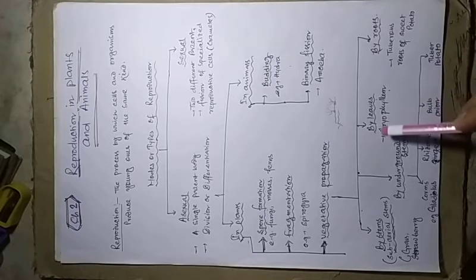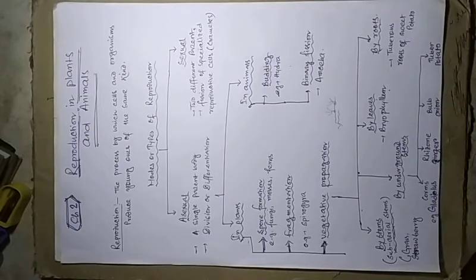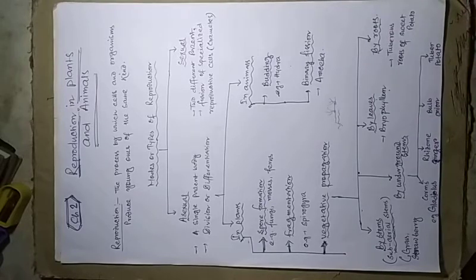So now students, come to the leaves. So by leaves, the example is Bryophyllum. Some students used to keep this Bryophyllum leaf inside the book, and after some days it shows vegetative propagation. I will show you the picture, then you can understand.